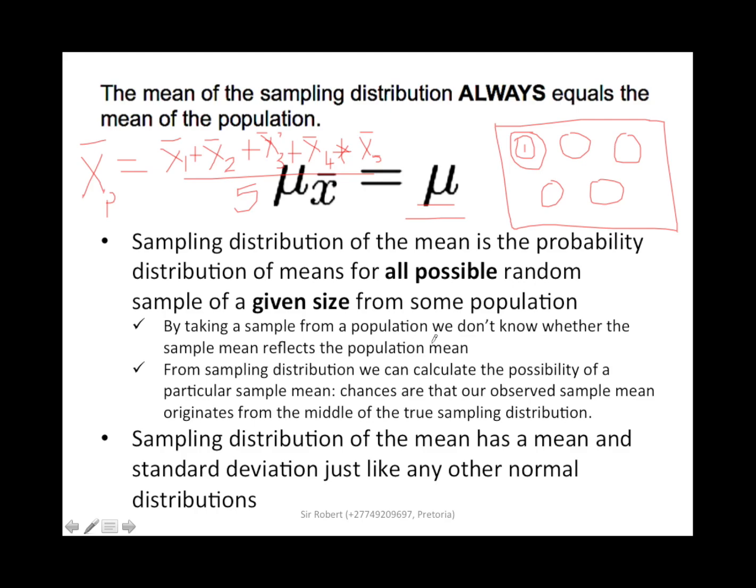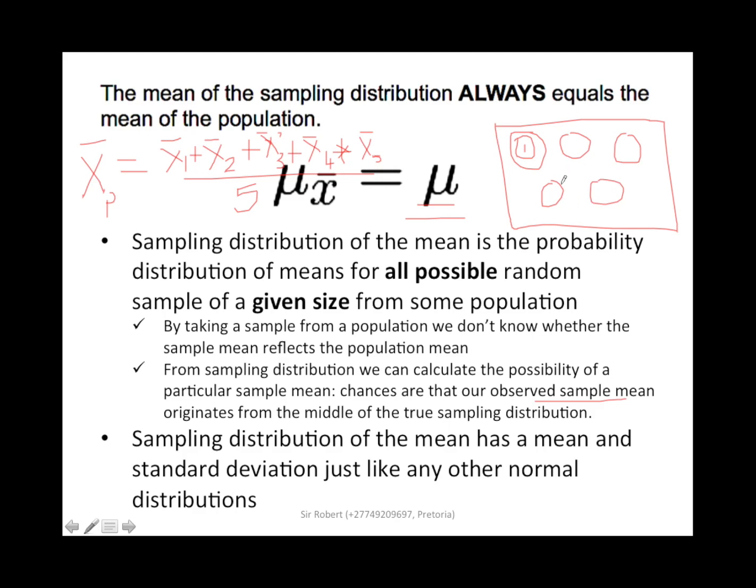From the sampling distribution, we can calculate the possibility of a particular sample mean: the chances that our observed sample mean originates from the middle of the true sampling distribution. So we are given the probability of the sample mean being the actual mean of the population. Remember, a sample is supposed to represent the total population.